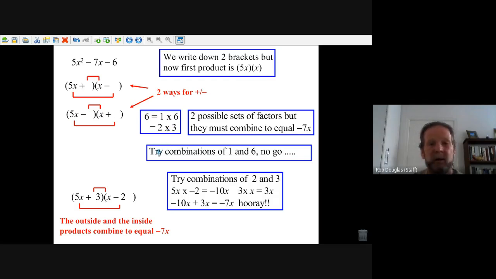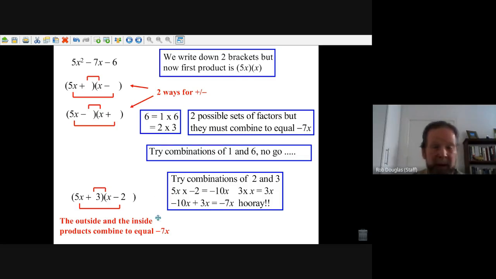And the way I do it is you try combinations of 1 and 6. And you can just see 6 gives you 30x. That's way out. And if you put 6 here, plus 6, and you put 1 here, you just don't get minus 7x.